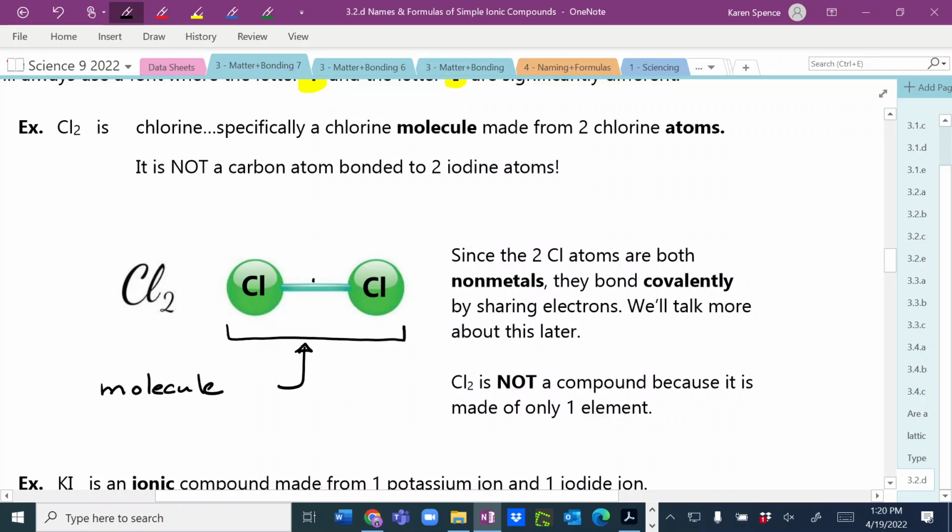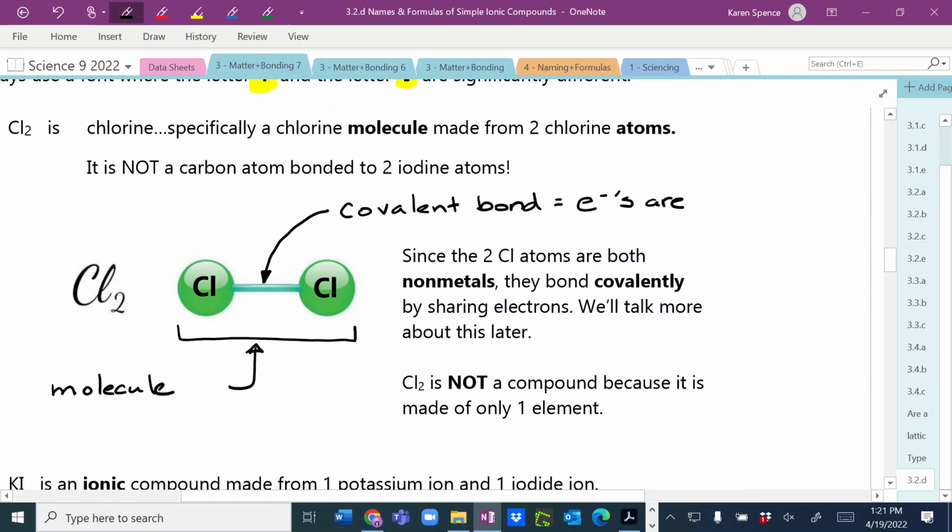What kind of bonds do we have between the 2 chlorines? That is a covalent bond, which we'll be learning about a little bit later today and then on the long block. And in a covalent bond, the electrons are shared.